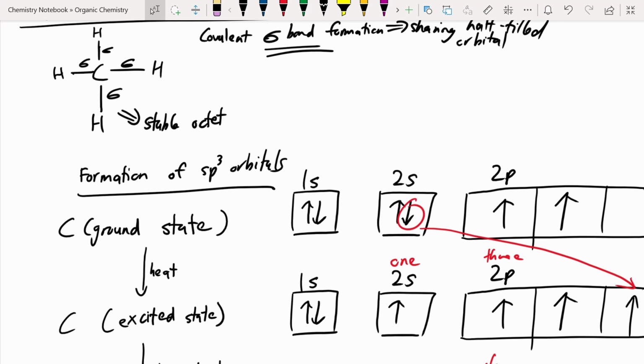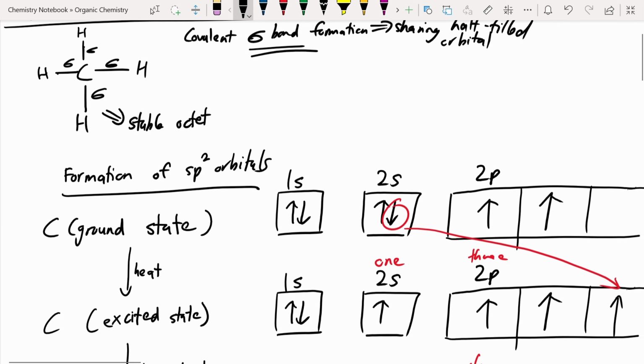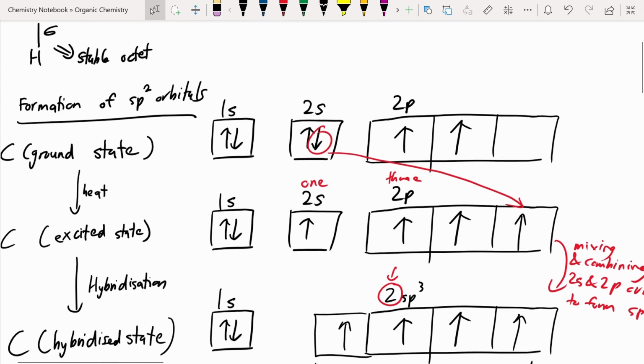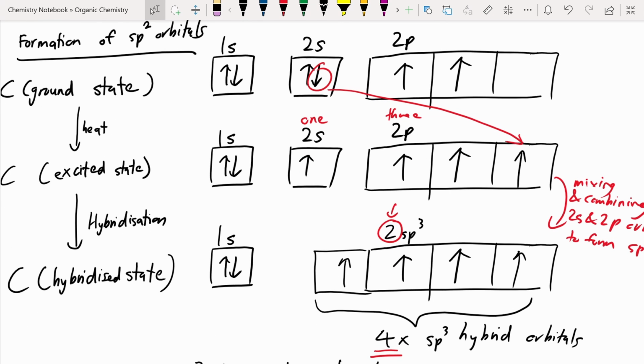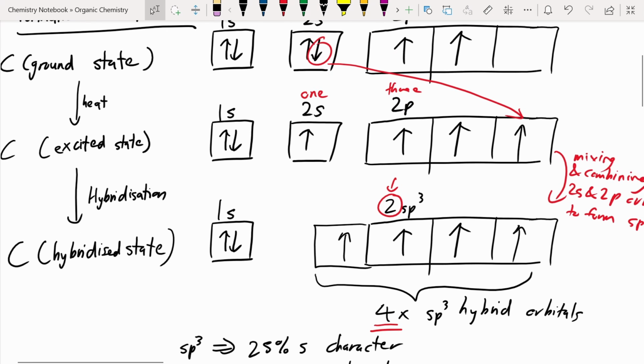sp2. So for sp2, what you want to do is excite the electron from 2s to 2p.